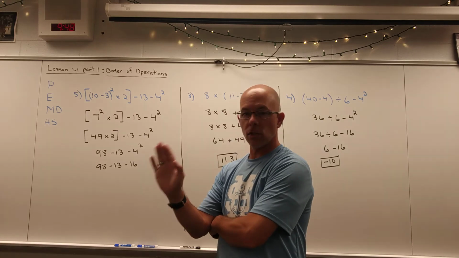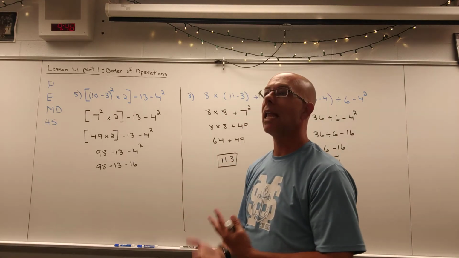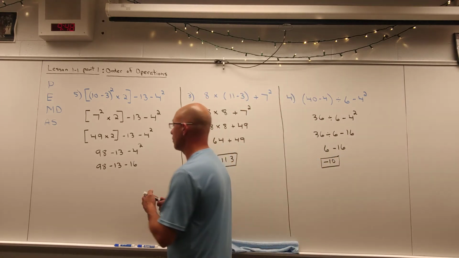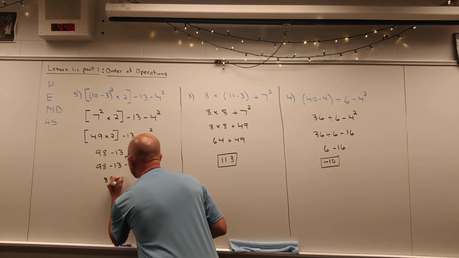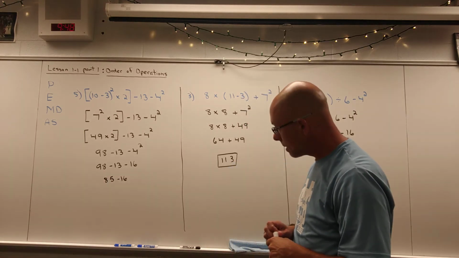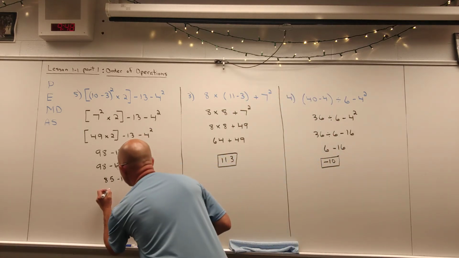You do additions and subtractions left to right, which means we're going to do the first subtraction, 98 minus 13, which will be 85. And then we have to do 85 minus 16, which will be 69.